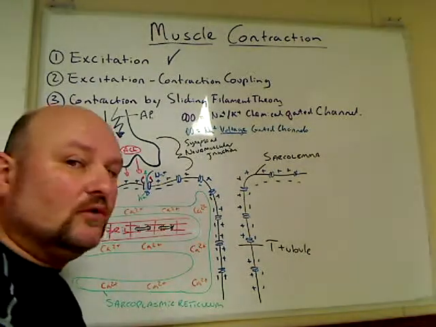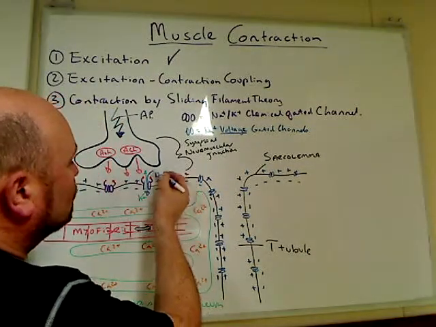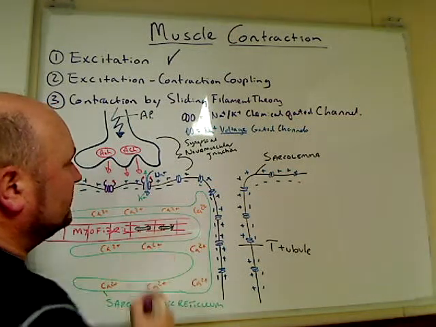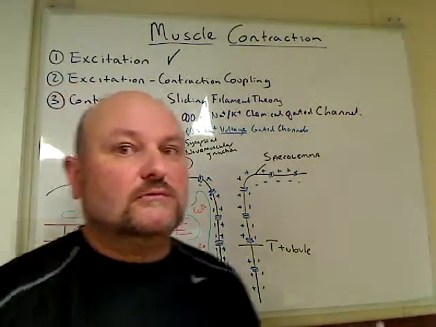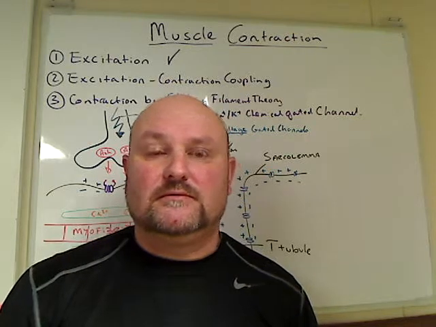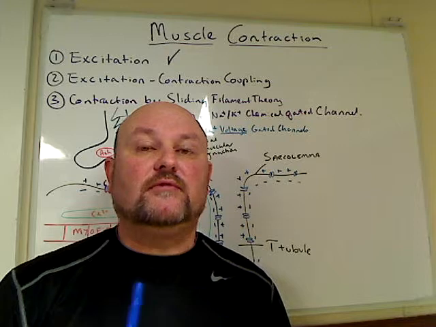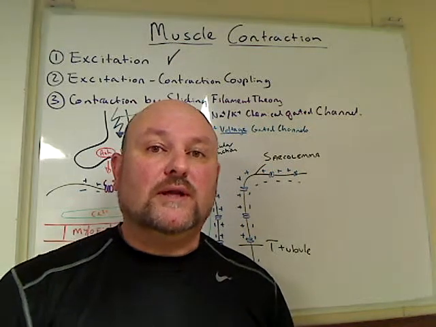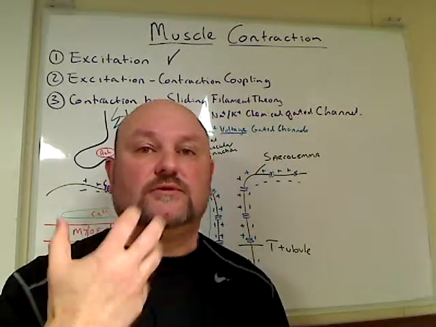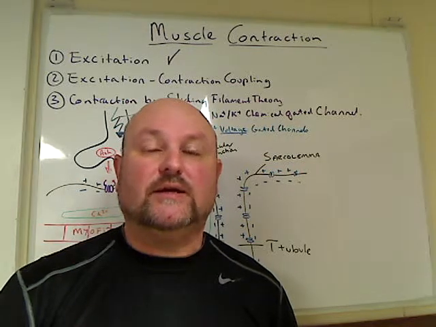So when this channel opens, sodium flows in, but potassium flows out. Now the sodium gradient is about 10 times stronger on the outside than it is on the inside. Therefore, when the sodium channels open up, sodium is going to flow into the cell, and quickly.